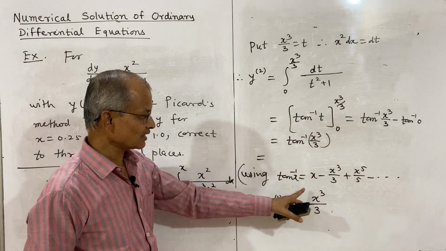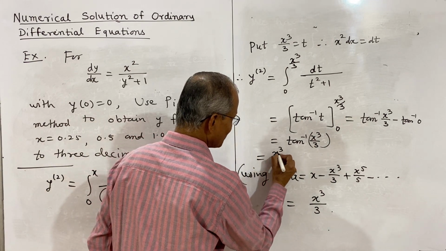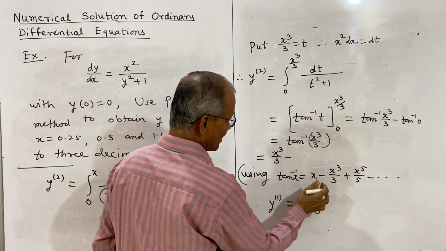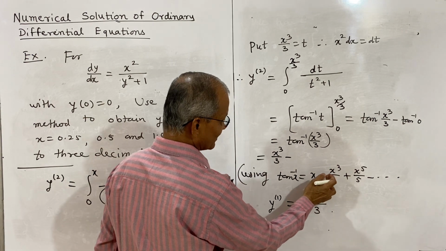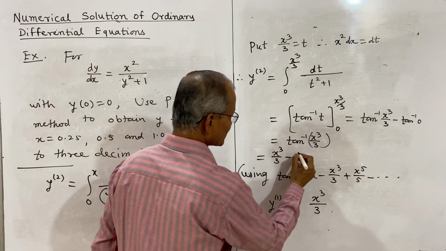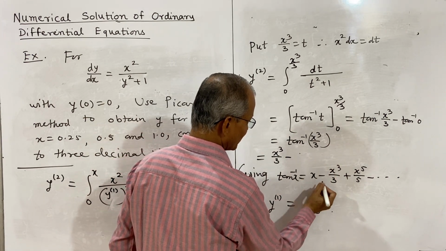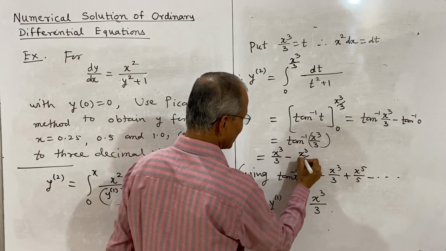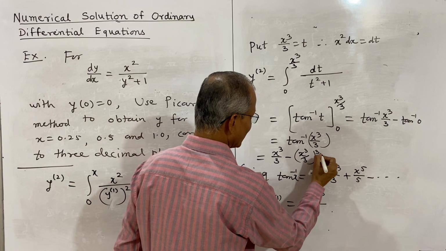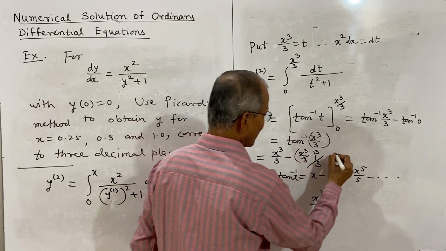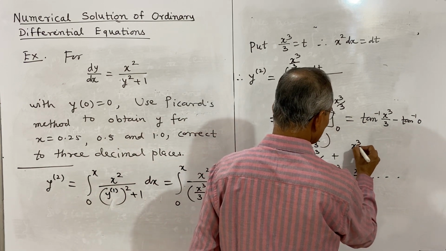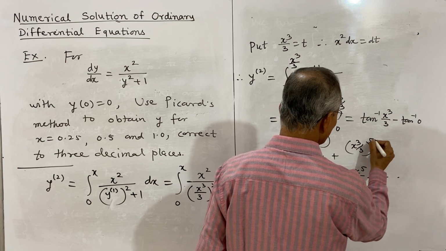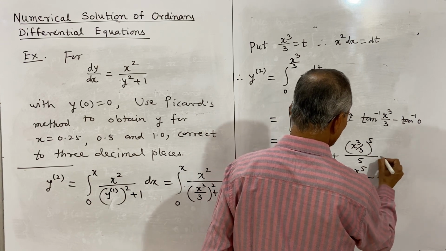So this is the series expansion, and that will be x cube by 3 minus x cube by 3, cubed, divided by 3, and plus x cube by 3 raised to 5 divided by 5, and minus so on.